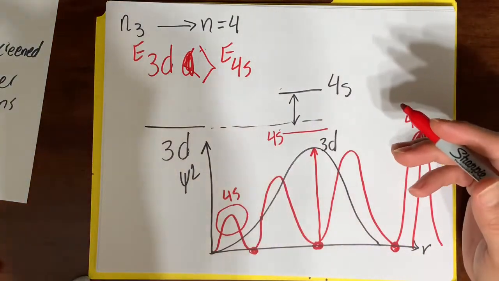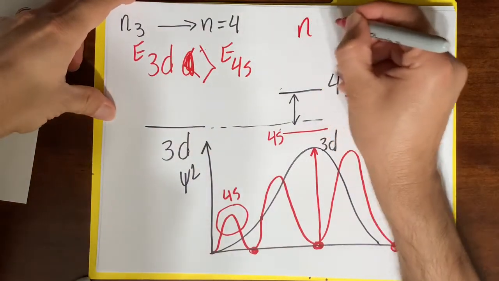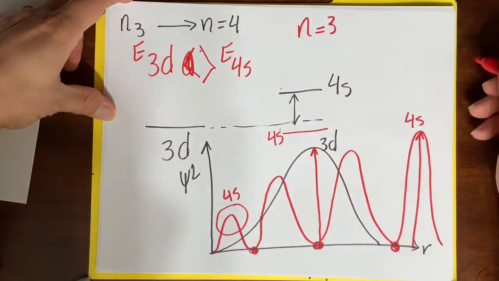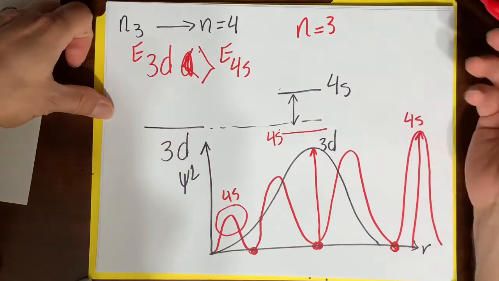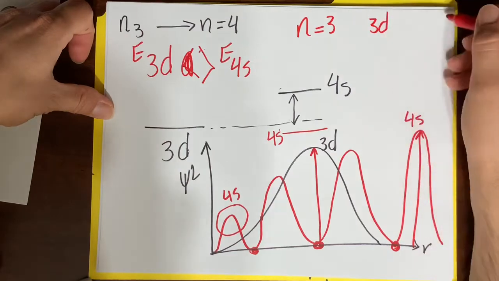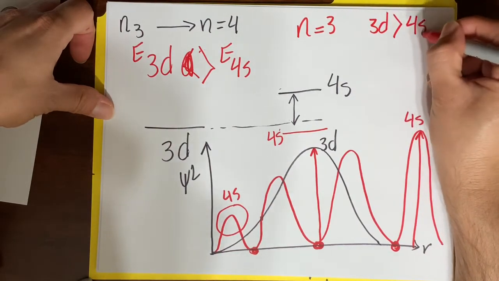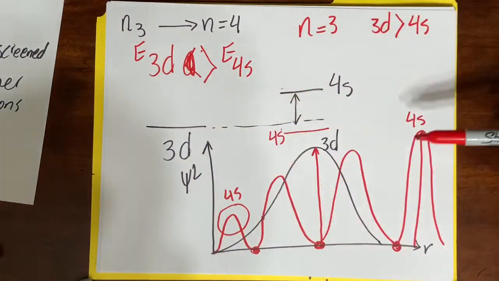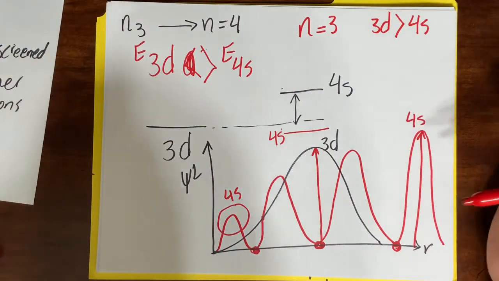Okay. When should I expect this? From n technically 3, from n3, you will see that 3d will be higher in energy than the 4s orbital. Should I expect the same thing for 2p, for example, versus 3s?